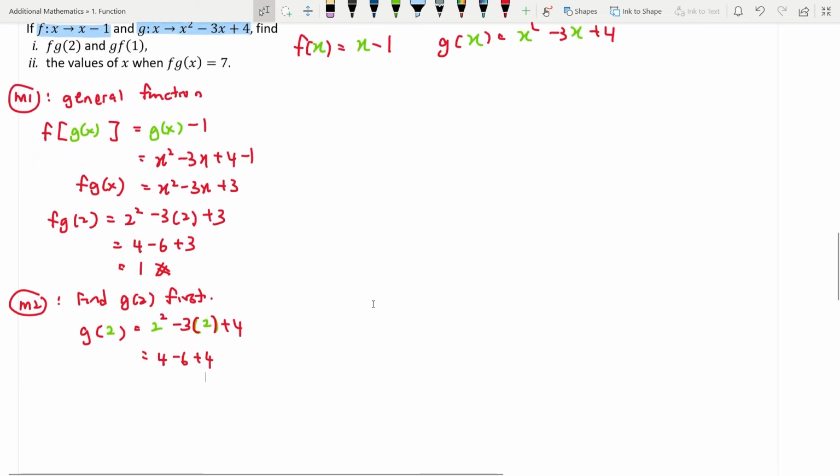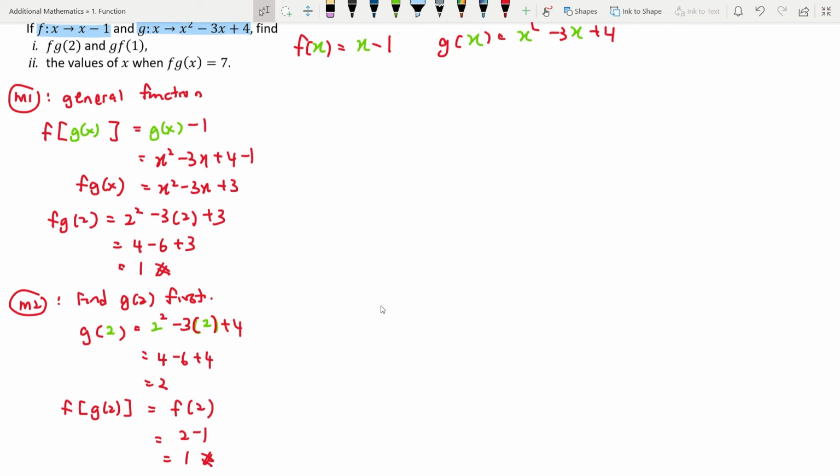We get a 2. Then we find the value of function f of g(2), the same as f of 2. Substitute the 2 into our function f. We get 2 minus 1, 1. By using both methods, we will obtain the same answer.